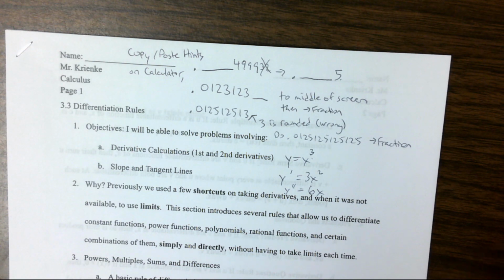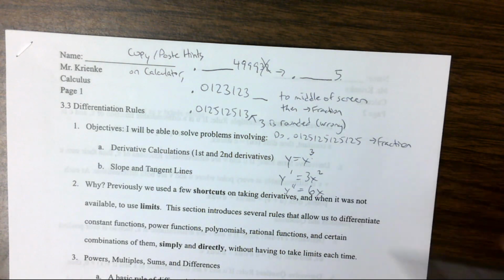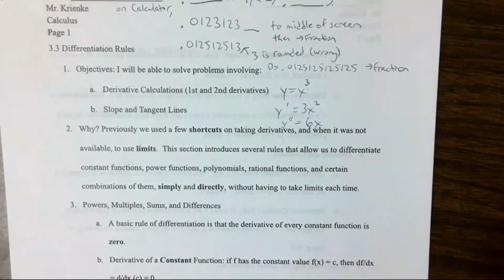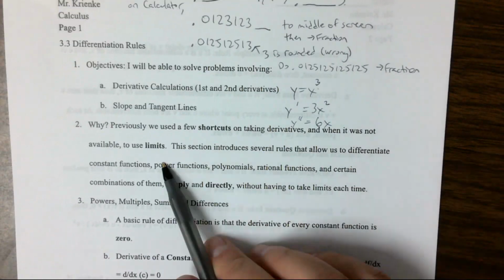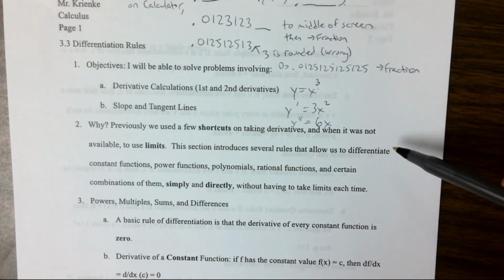And so you're at this level, x cubed, then you're at the x squared level, and then at the x level. You're going lower in power, which is what the derivative is about. Later on, much later actually, you'll do integrals, and that's when you're going to go backwards, from x to x squared to x cubed. Okay, so again, why we're studying this: previously we used a few shortcuts on taking derivatives, when it was not available to use limits.